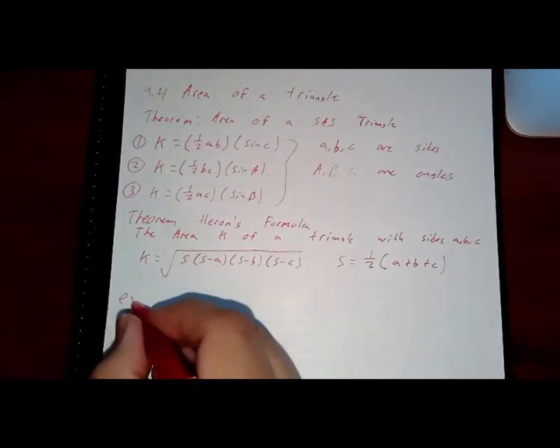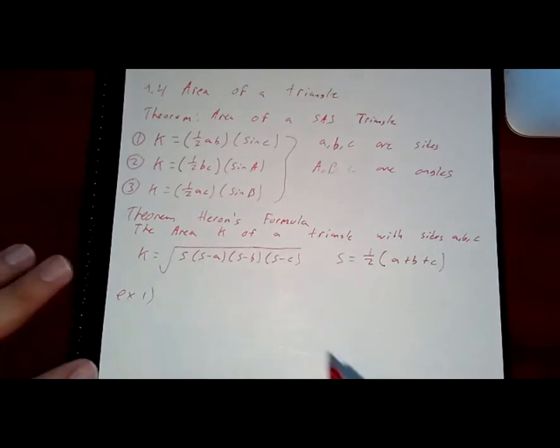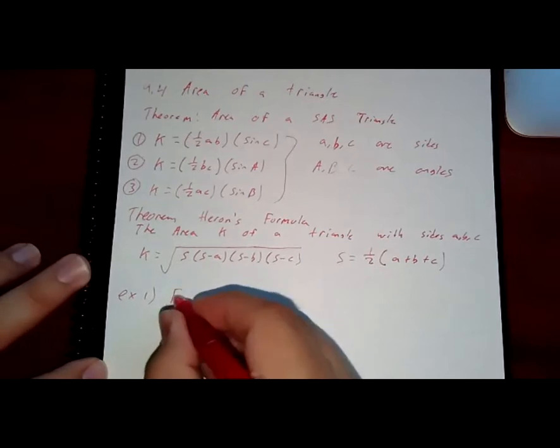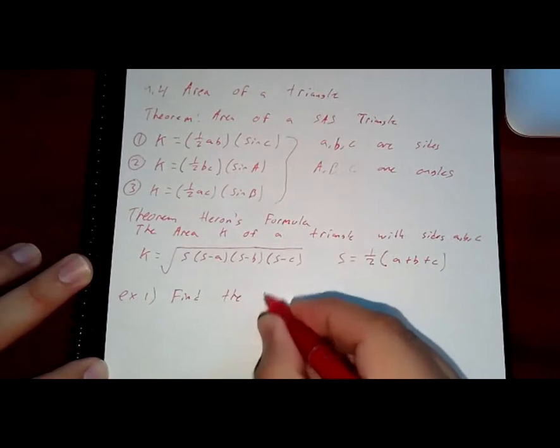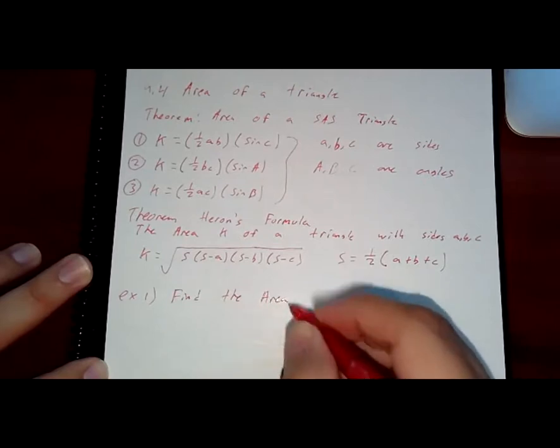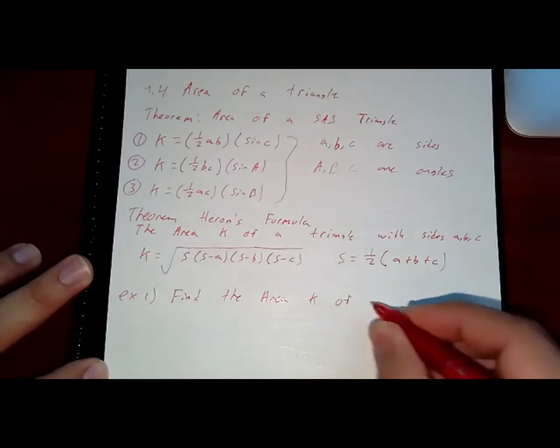So let's do our couple of examples, and then we'll call it a night, I guess. Example 1. Find the area K of the triangle.